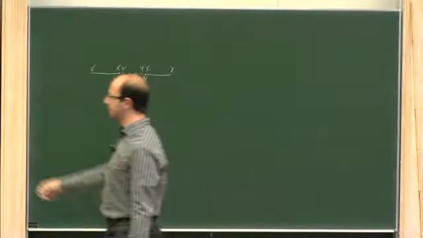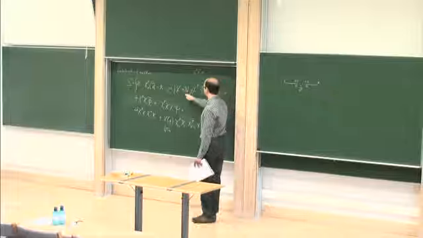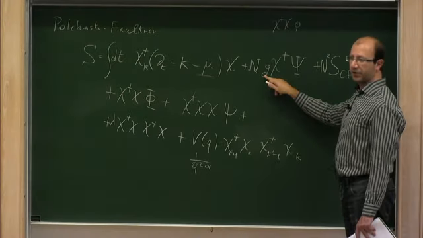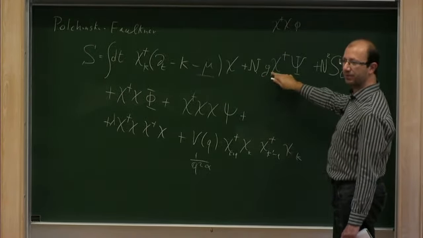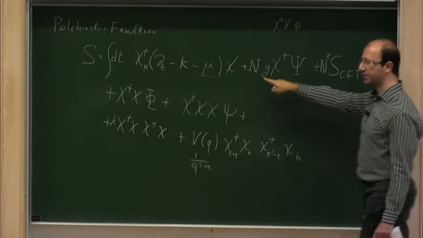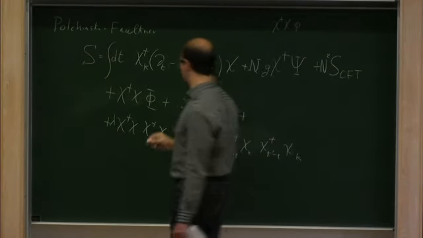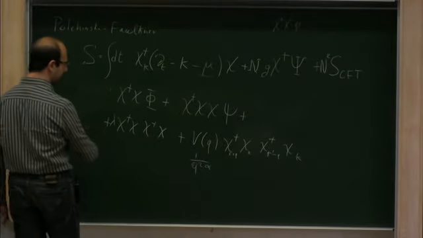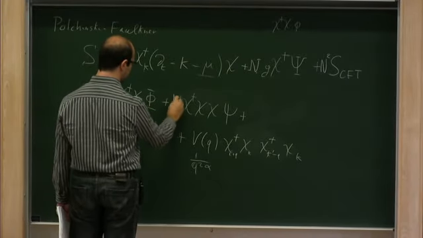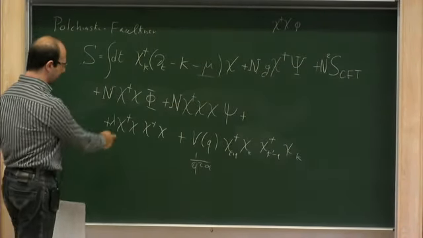So this fixes this power counting here, and actually this extends to all the interactions. So every interaction of the free field with the conformal field theory operator has to come with a power of n, and then we add an n also here and here, but not in the self-interaction.